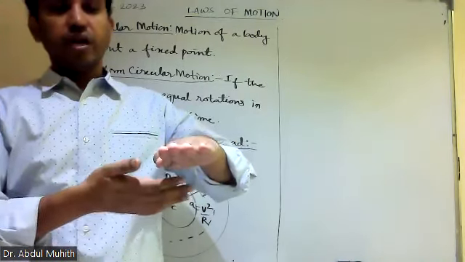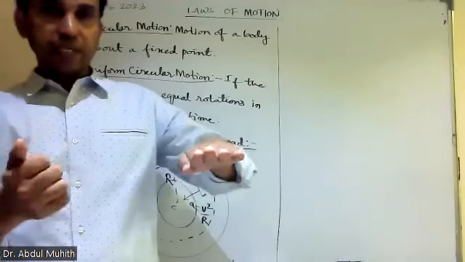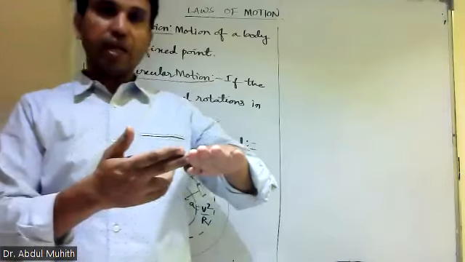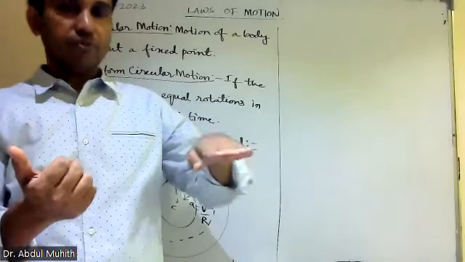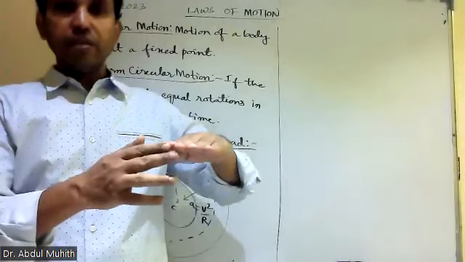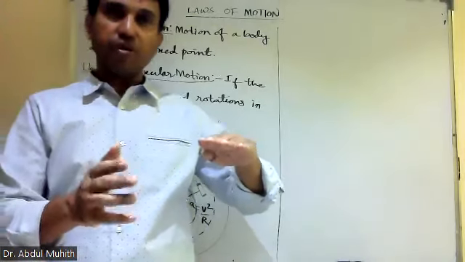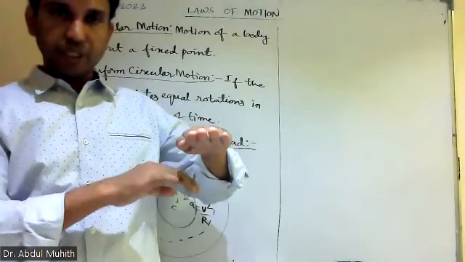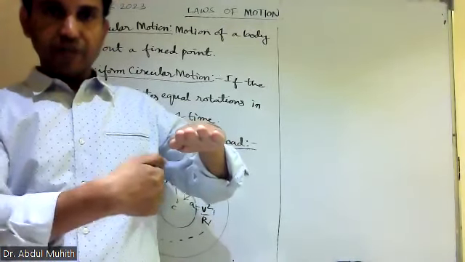Yes, sir. Now, the centripetal force or centripetal acceleration, both are acting towards the center when the body is taking a turn like this, and there is a frictional force, whether kinetic or rolling, between the tire and the road, in the backward direction.